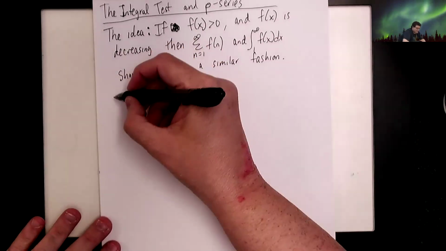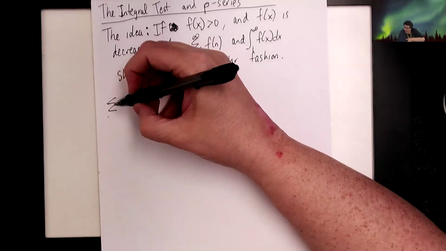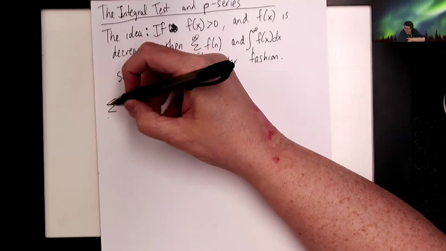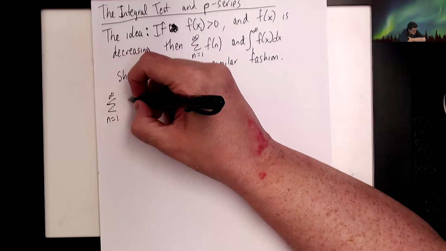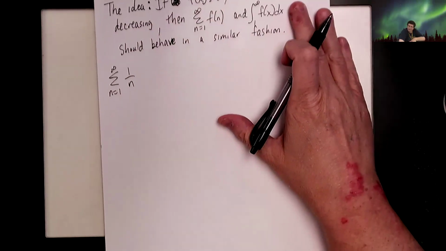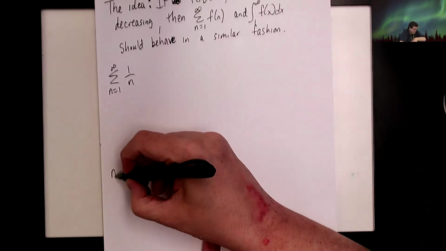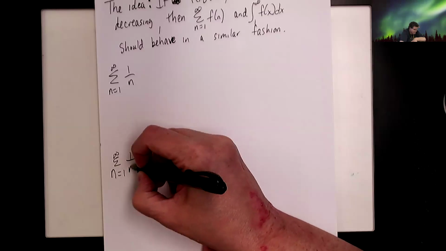And let's look at two different series. We're going to look at the sum from n equals 1 to infinity of 1 over n. And we're going to look at, and give yourself some space on the page, the sum from n equals 1 to infinity of 1 over n squared.